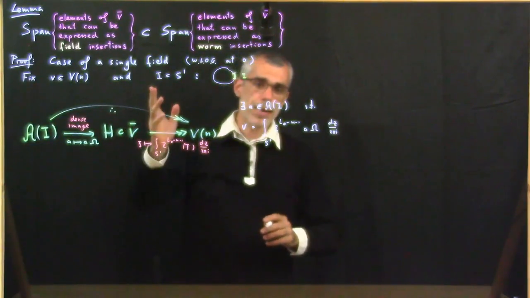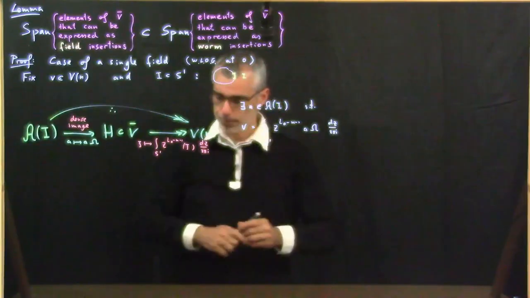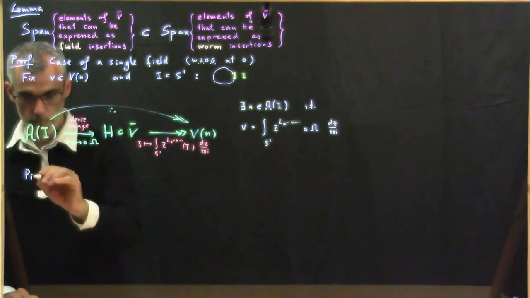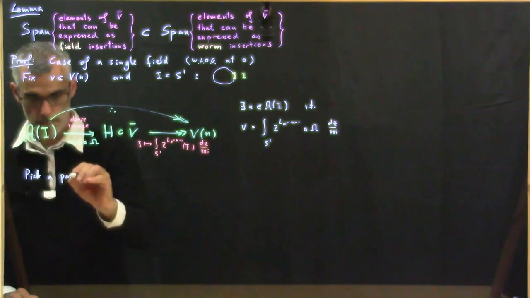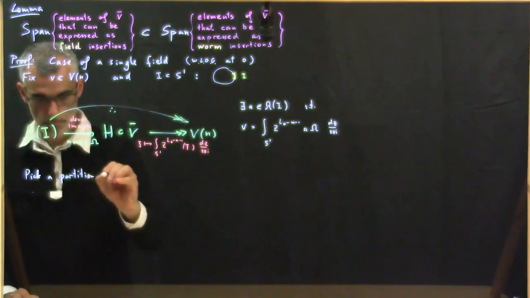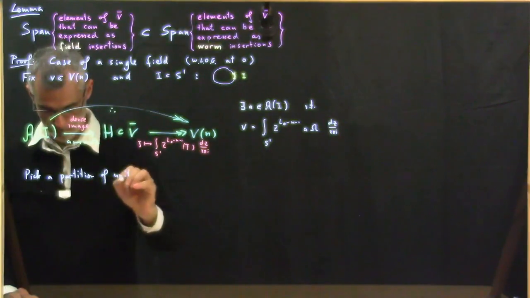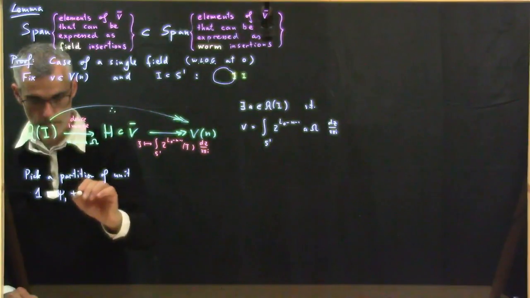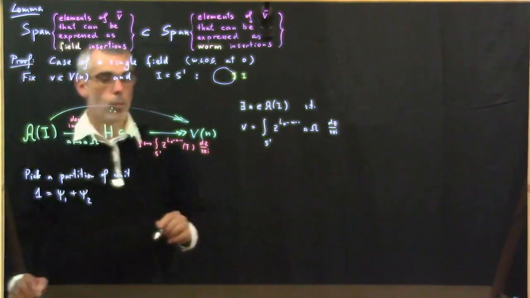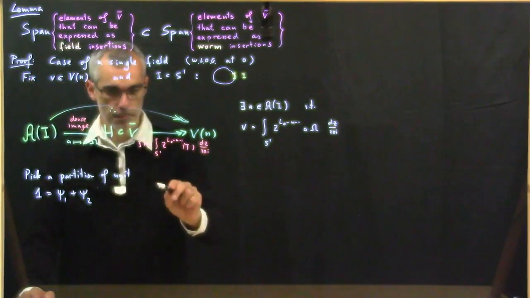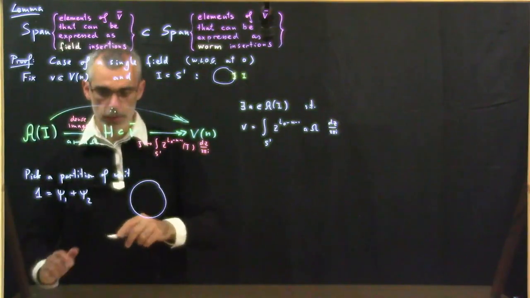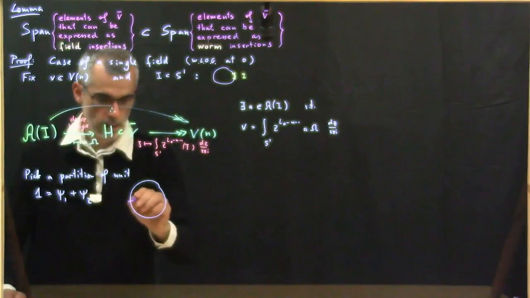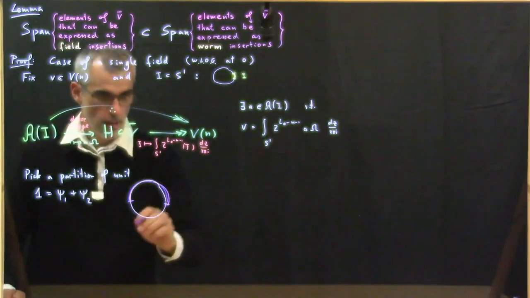Now, let me pick a partition of unity, where I'm going to take psi1 to have support up there.